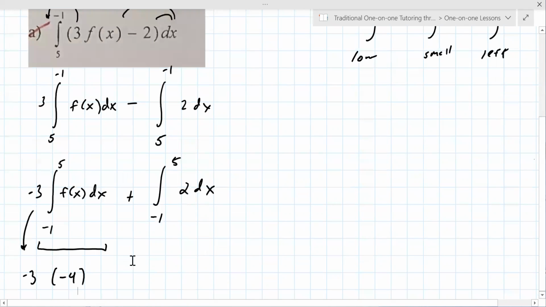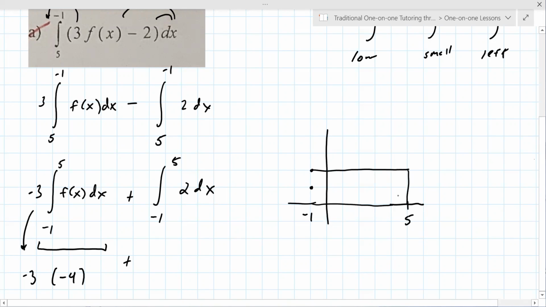Okay. On the right here, you either have to use antiderivatives or make a graph or know the formula. This says from -2 to 1. So from -1 to 5, it wants the area under the curve of this function too.